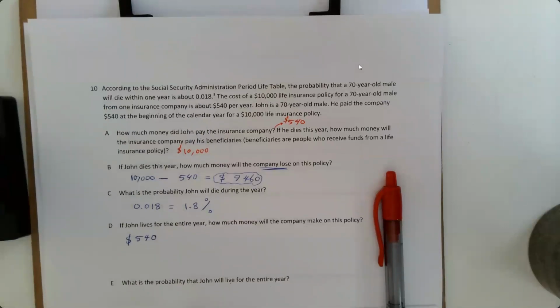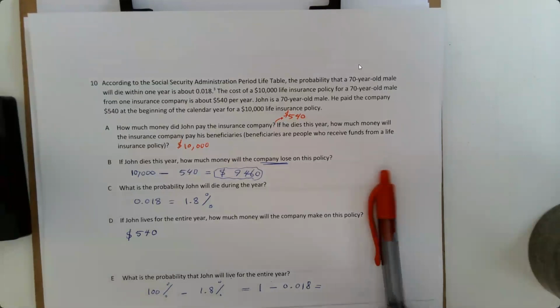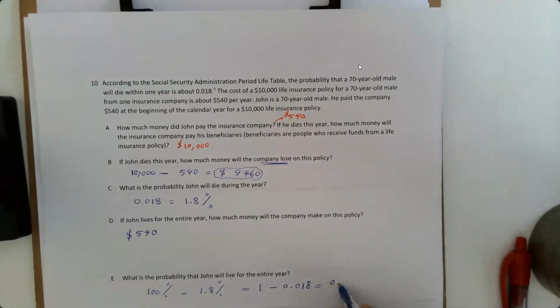It's going to be 100% minus 1.8%, or it is 1 minus 0.018, which is 0.982, or 98.2%.